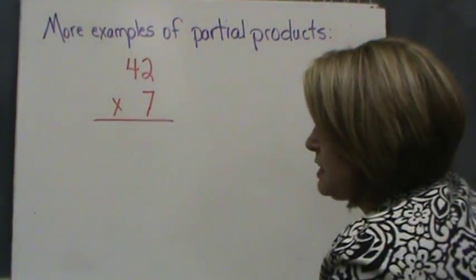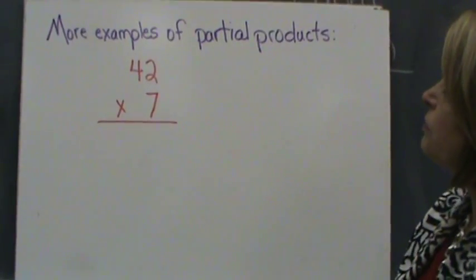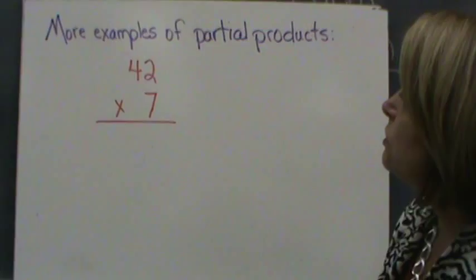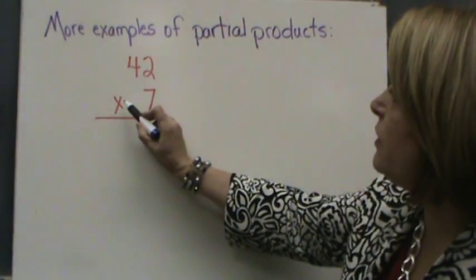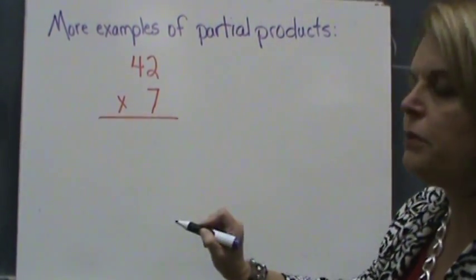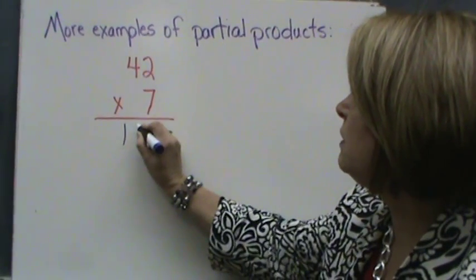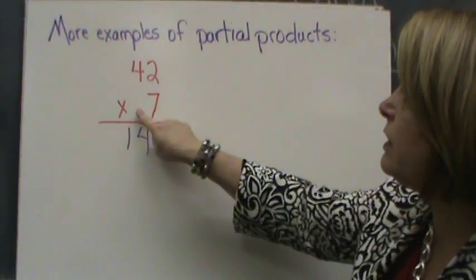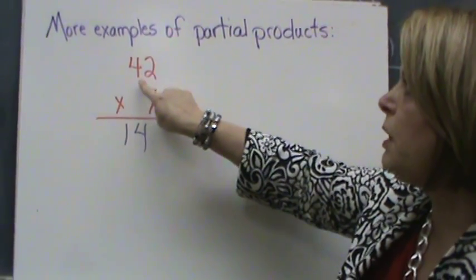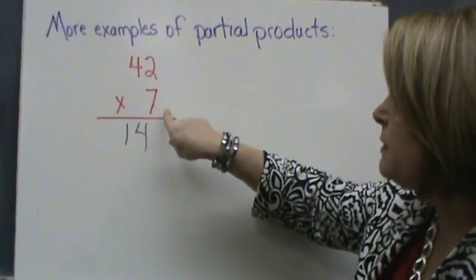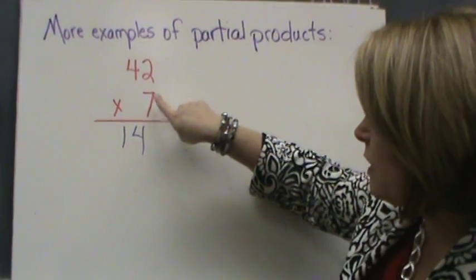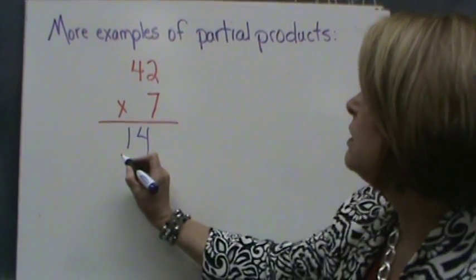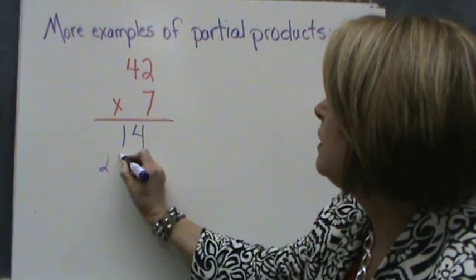So here's another example. Now, remember, you're going to start with the digit in the ones place. So if I start here, I'm going to say 7 times 2 is 14. Now remember, this time it's really 7 times 40 because my 4 is in the tens place. 7 times 40 is 280.